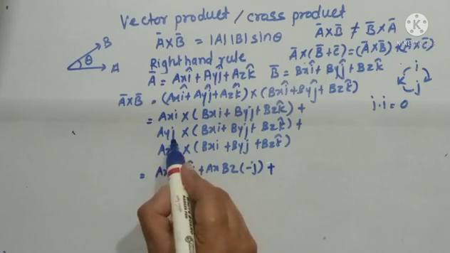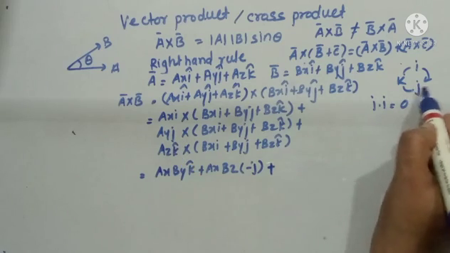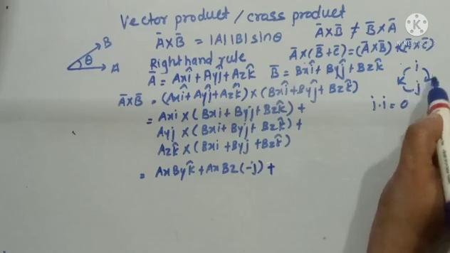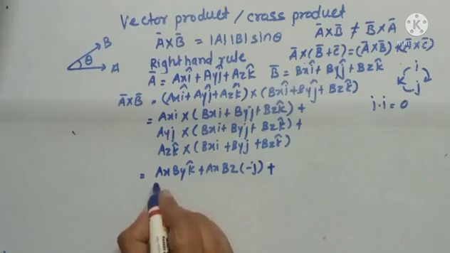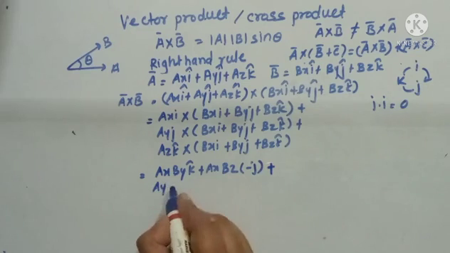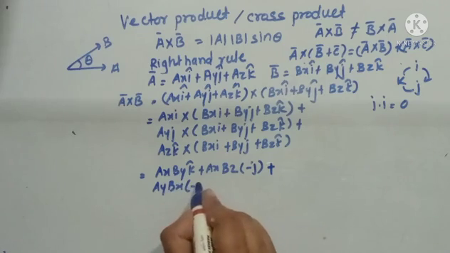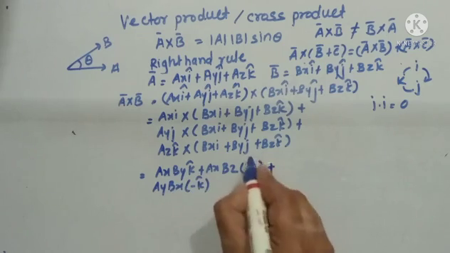Plus ay bx, j cross i, as I am going anti-clockwise, will give me minus k.